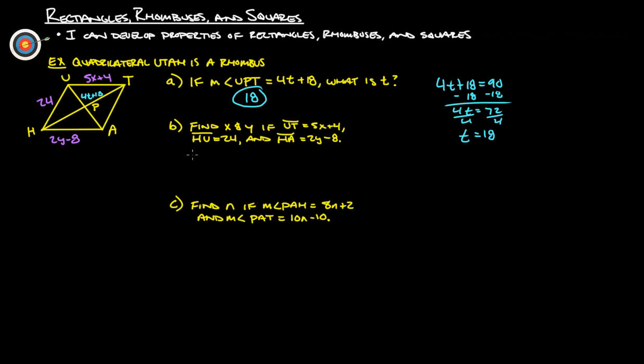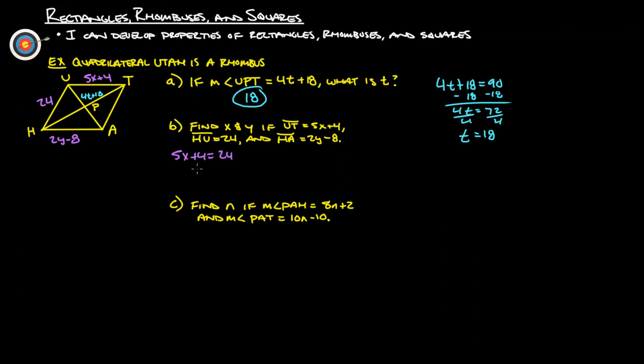So we know that 5x plus 4, this side, has to equal 24. It also equals this side here, but 5x plus 4 equals 24 is going to be a lot easier to solve.